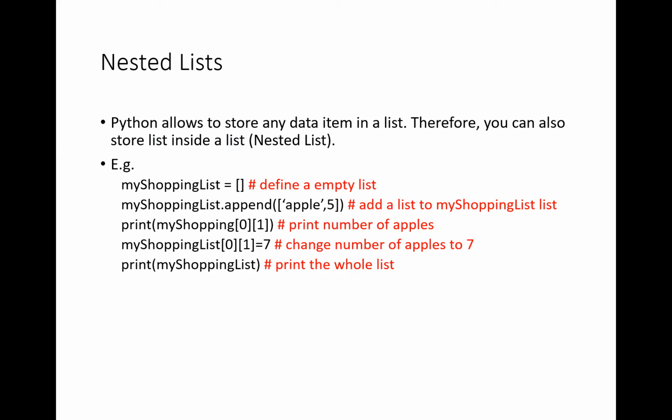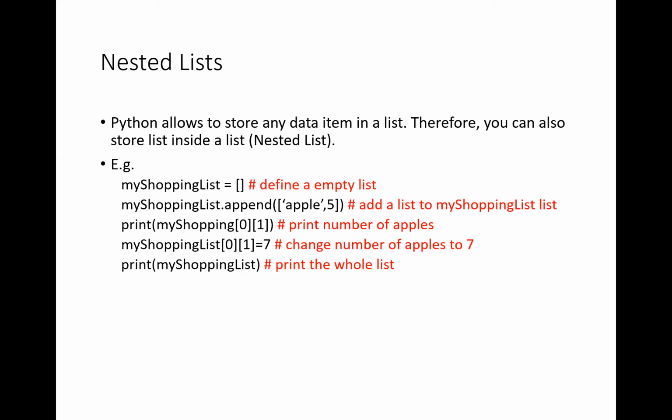Now, for example, if I want to go for shopping and I need to know the number of items that I'm going to purchase, right? That is exactly what you see in this code. It's my shopping list and it starts empty. On the right hand side, you will see an opening square bracket and a closing square bracket.